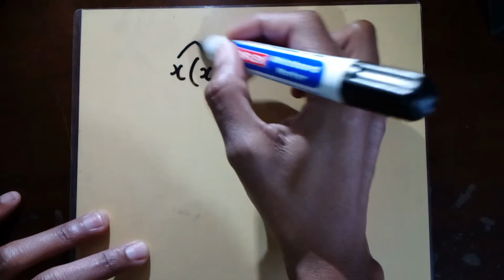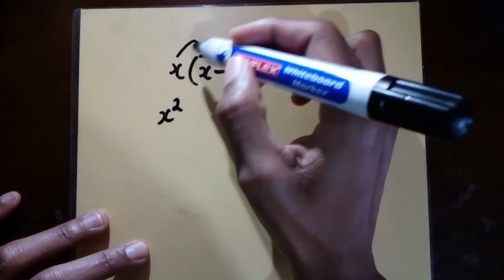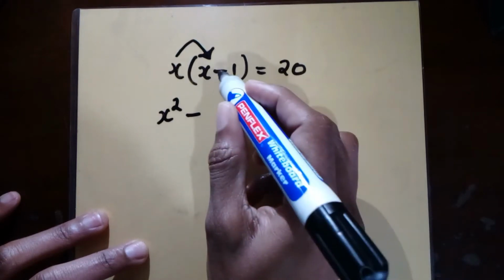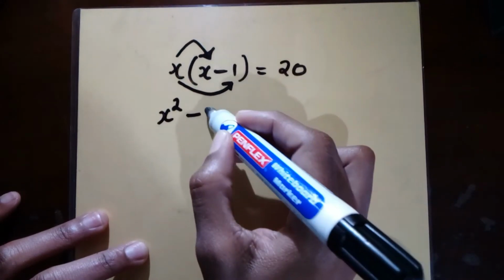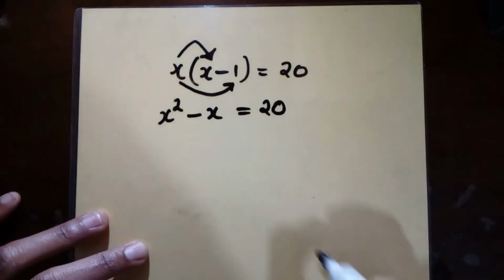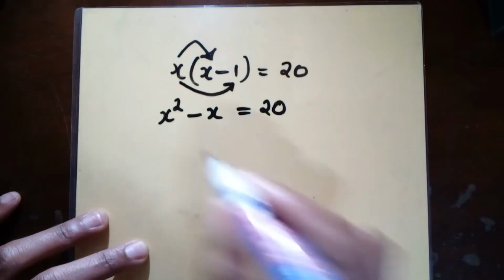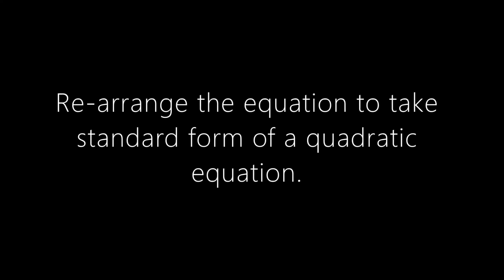We're going to have x multiplied by x, which gives us x squared, and then minus x multiplied by 1, which is going to give us x, and the whole thing is equal to 20. So we have successfully expanded the left-hand side of the equation.